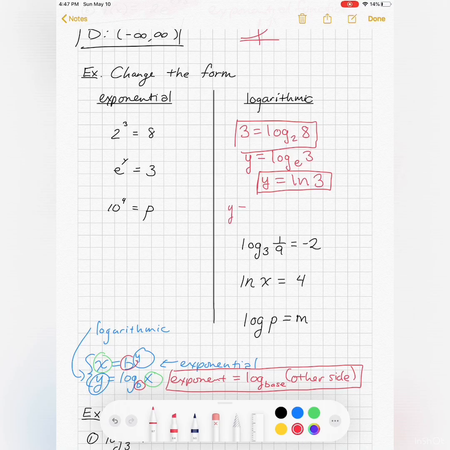This one would say y is log, that's a 4, isn't it? This guy would say 4 is log base 10 of p, but remember, log base 10 is the common log, so we just write that as the log of p.